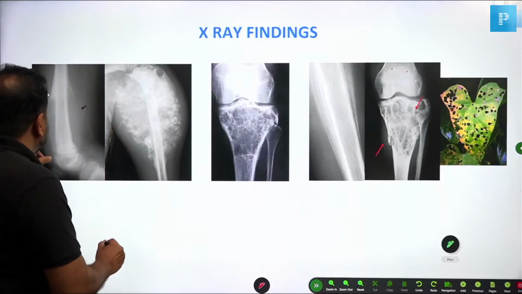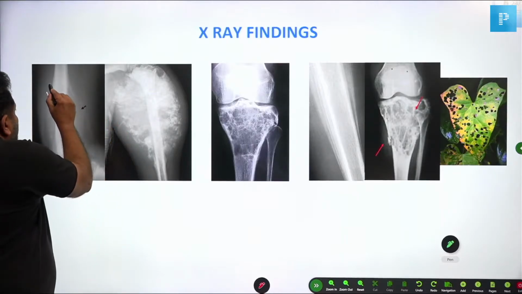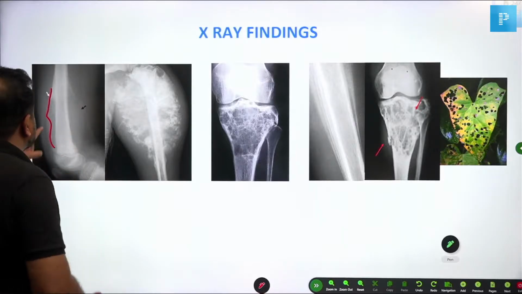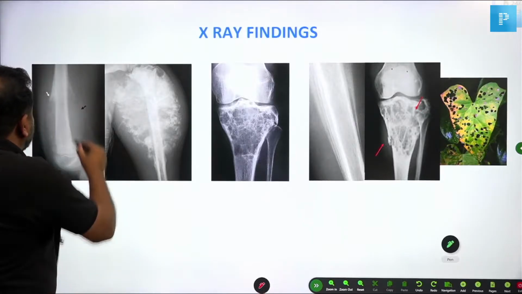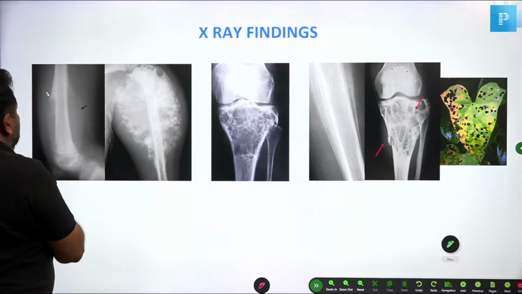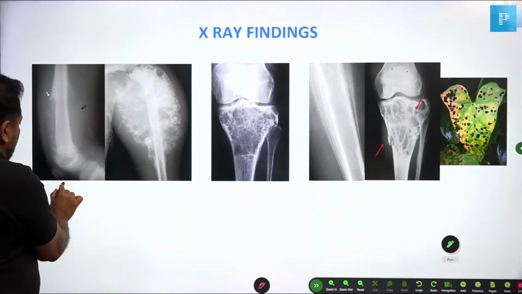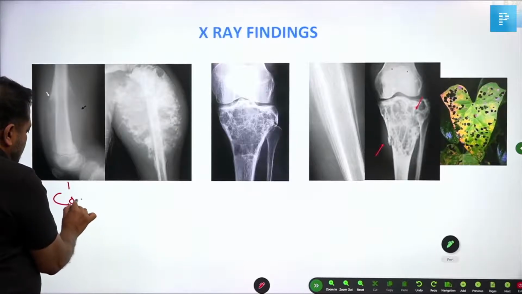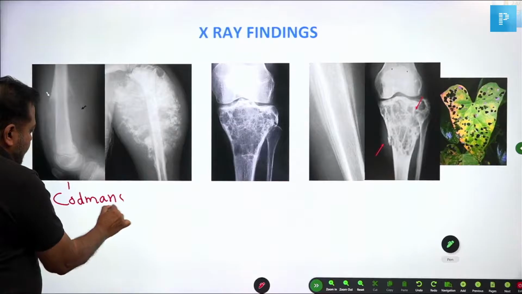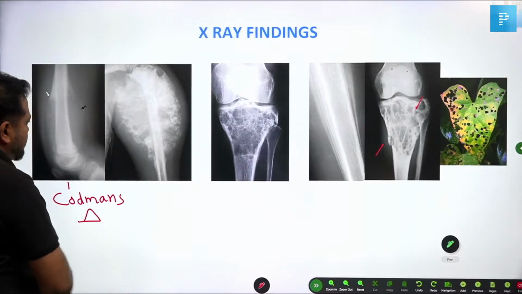When you closely observe, the periosteum is elevated like this in this area. Here also you can see the periosteum is elevated. You zoom. This is called Codman's triangle.